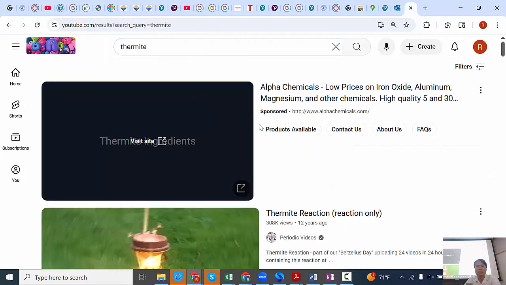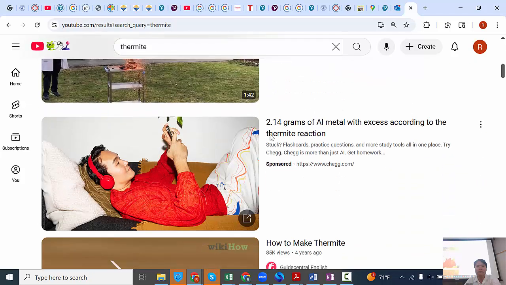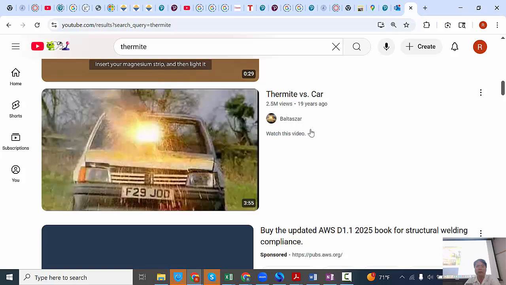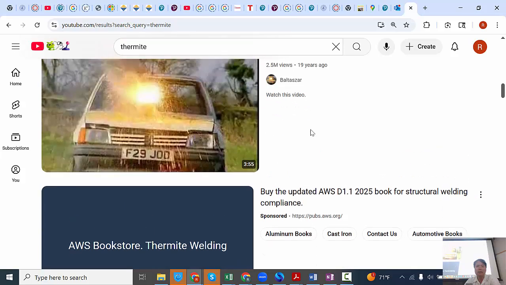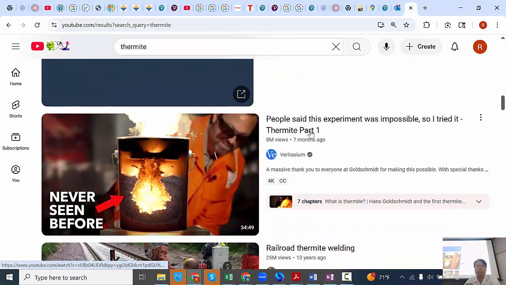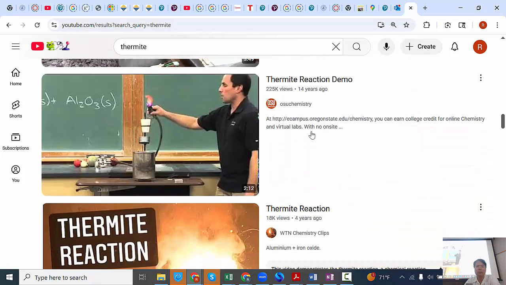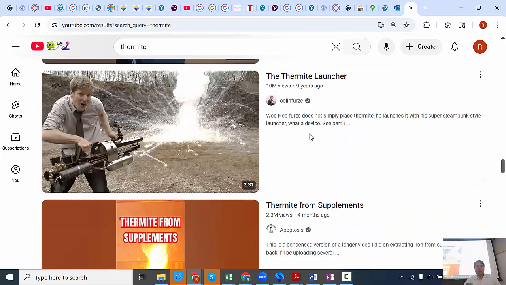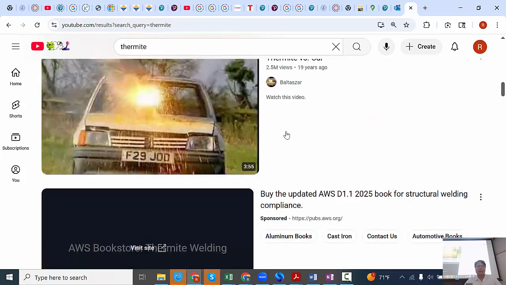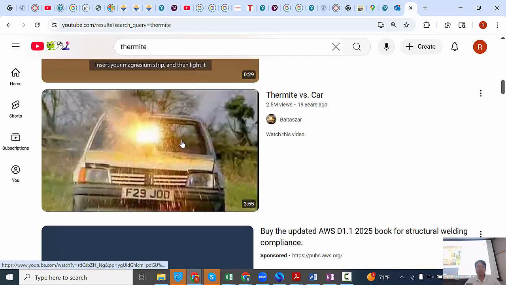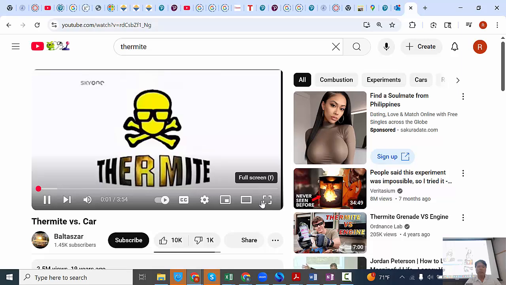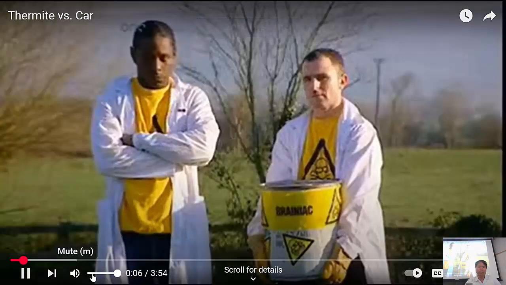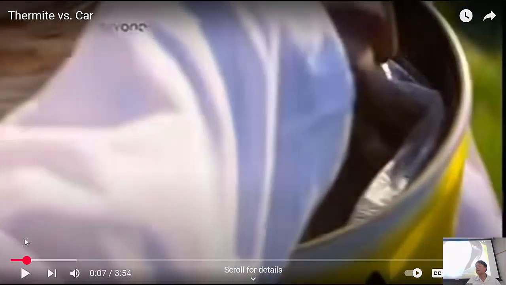Let's see if I have it still. I want to find the, it doesn't come up quite yet. I can't remember what they're called. It's these guys here, thermite versus car. Let's see if I can get the video up.